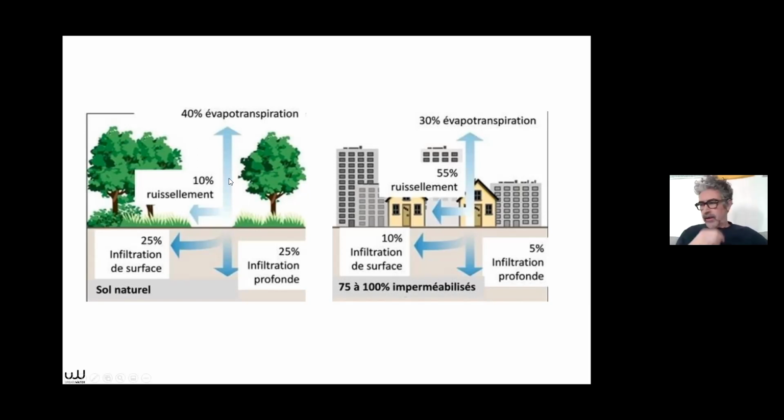So this first slide explains the impact of a city on the water cycle. Perhaps you've already talked about this over the course of the webinars, but if we take the left-hand part of the screen, when it rains, you've got 10-year rainfalls, for example.